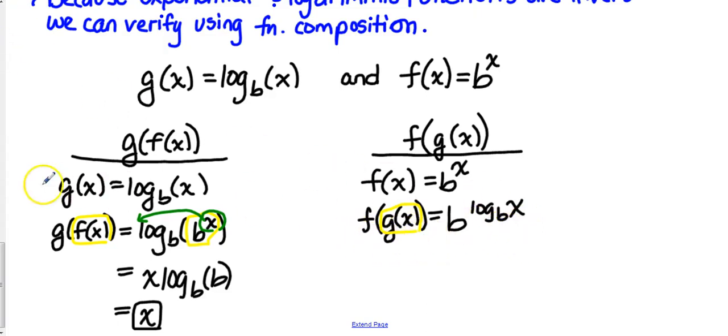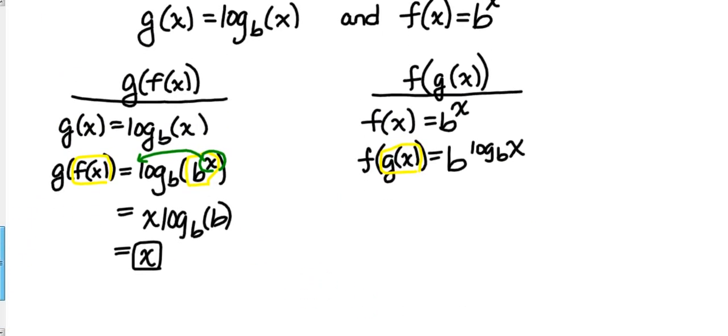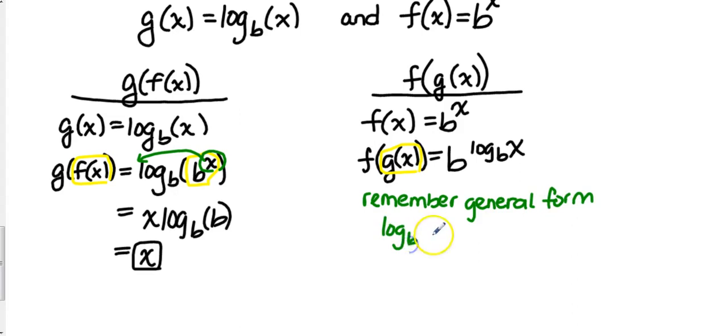Now to understand where to go from here, we're going to take a little detour in our train of thought. So I'm going to be switching colors. If you have another color pen, you can switch colors with me, or maybe put it in a little box when we're done. We need to remember the general form log base b of x equals n.